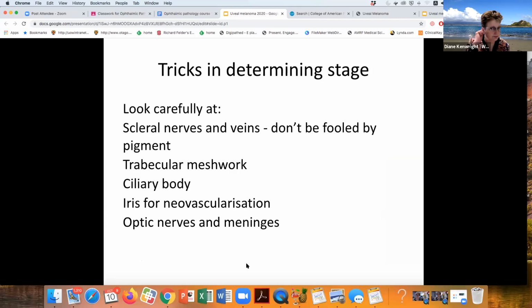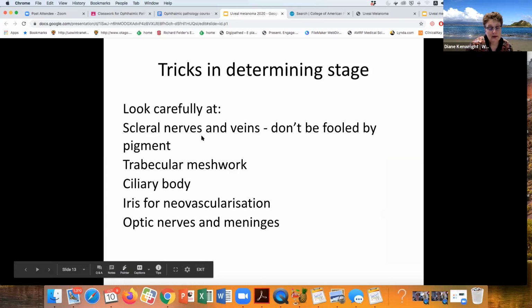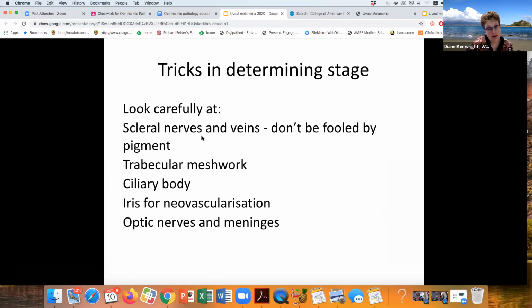Right. If you're looking down the microscope or the virtual microscope at a melanoma, right, here are some tricks and tips. So often around the scleral nerves and veins, you'll see pigment, and that's just pigment. You've actually got to see the melanoma cells with their big nuclei around the nerve. Don't be fooled by pigment.